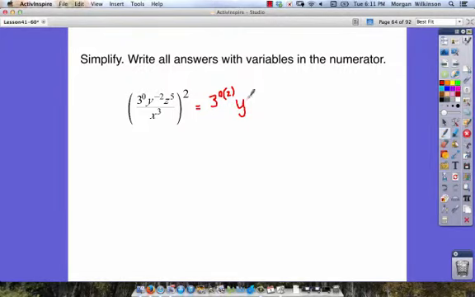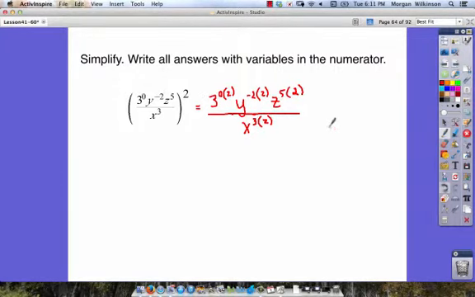Then we've got y to the negative second power times 2 because it's being raised to the second power as well. Then we've got z to the 5 times 2. We want to write the work out first. 5 times 2. And then we're going to divide all this by x to the third, and that's squared.